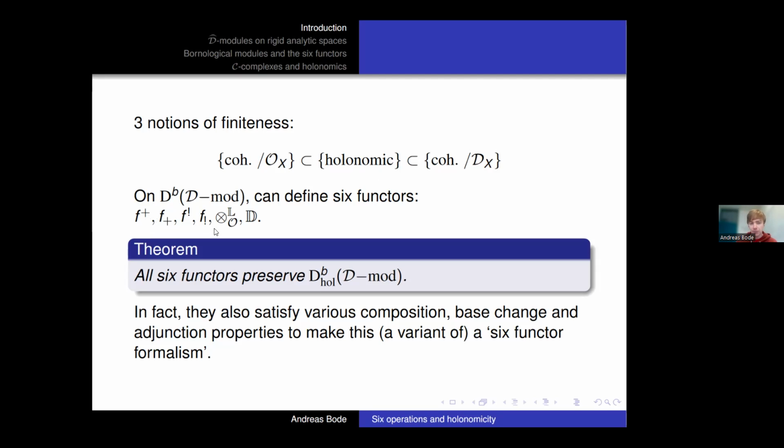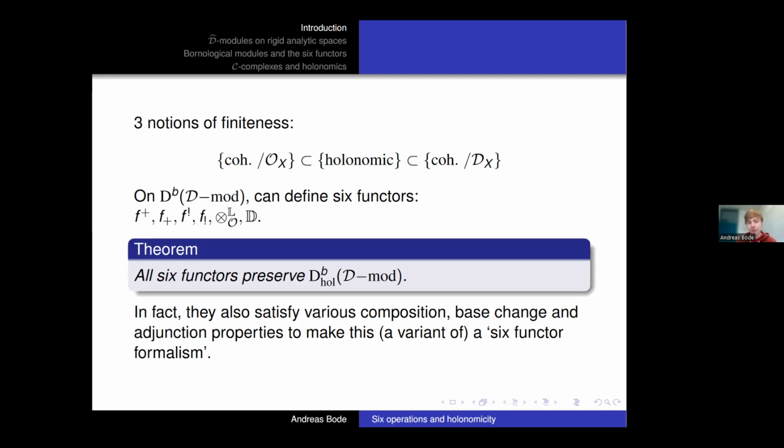There's a tensor product, and there's a duality functor. And all of these 6 functors preserve the notion of holonomicity, right? If you apply these functors to a holonomic D module, you get a holonomic D module, at least in a suitably derived sense. So you get a complex where each cohomology group is holonomic.